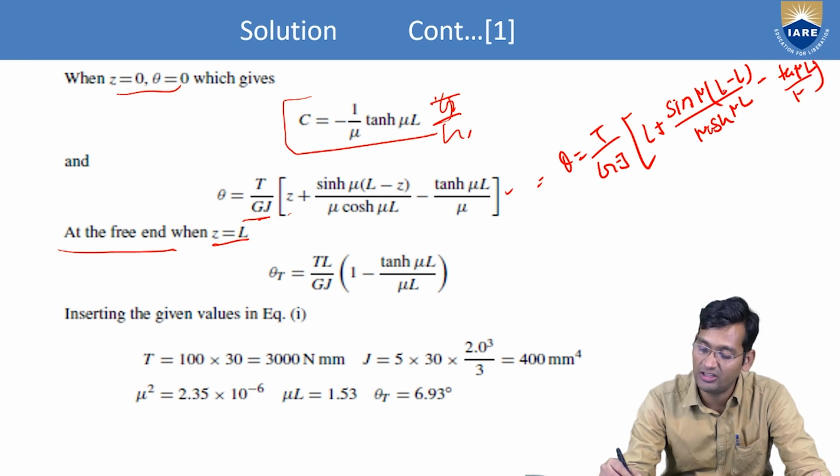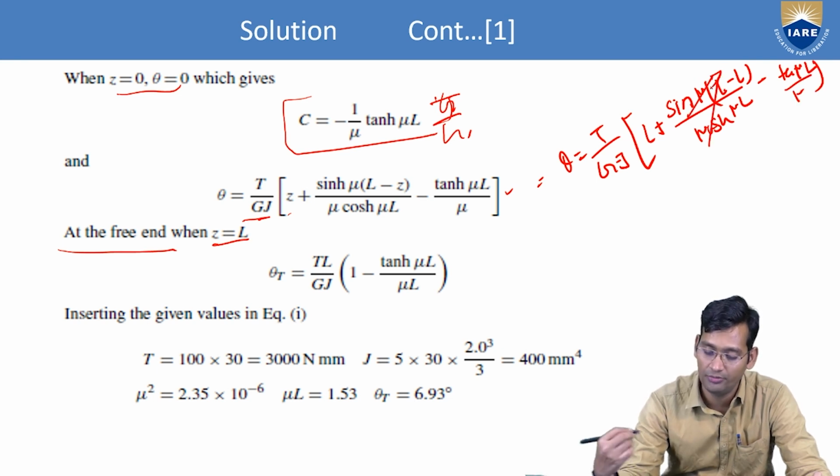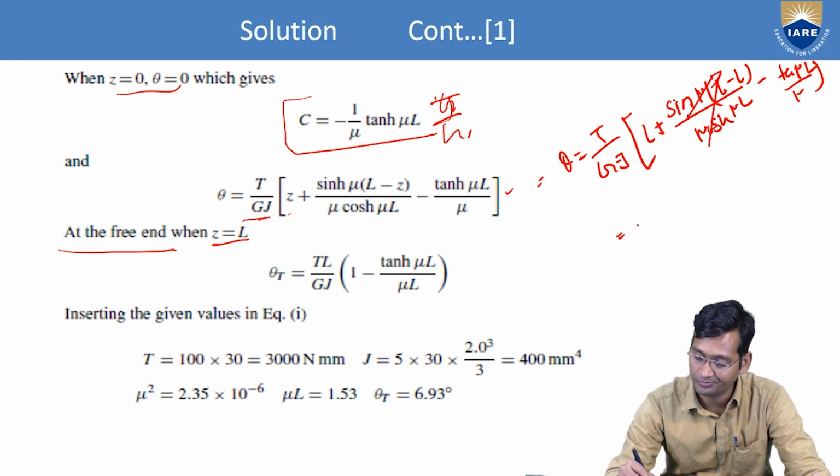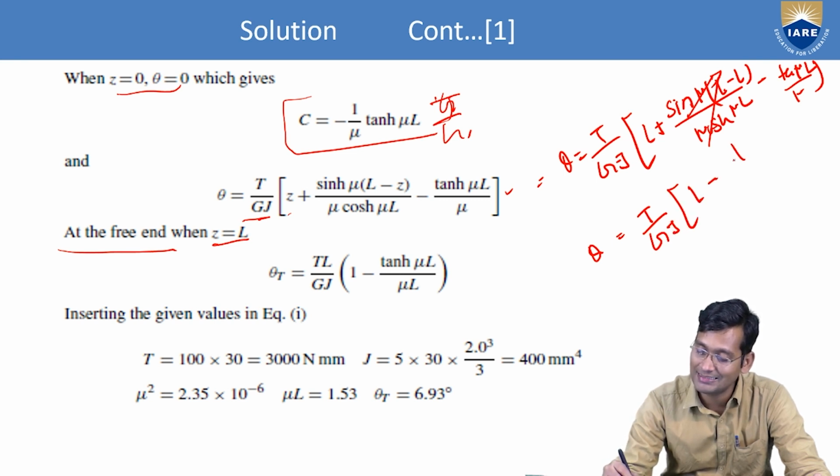So sinh mu (L minus L) is sinh 0, which is 0, so this term will be 0. Now what we have: theta equals T by GJ, right, into L minus tanh mu L by mu.